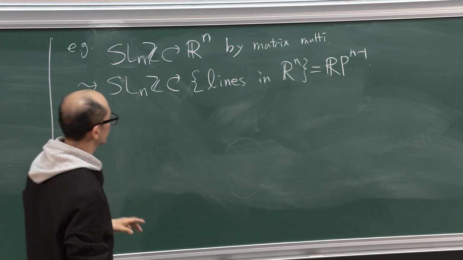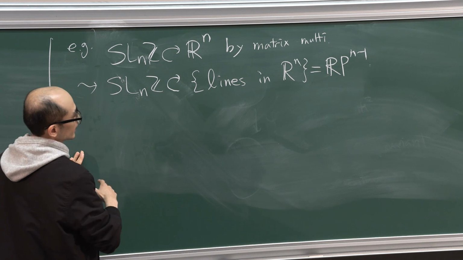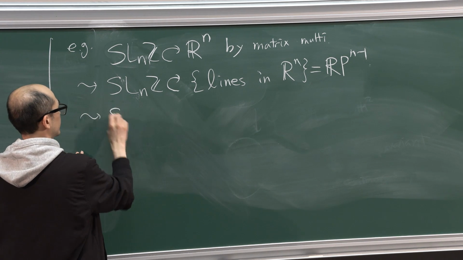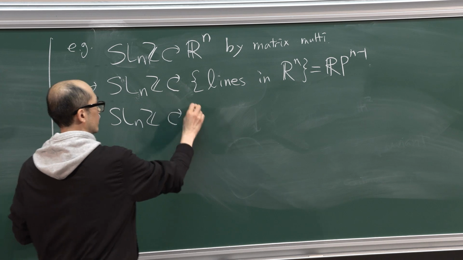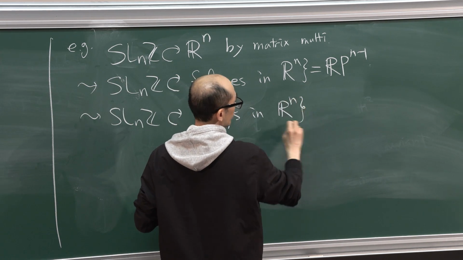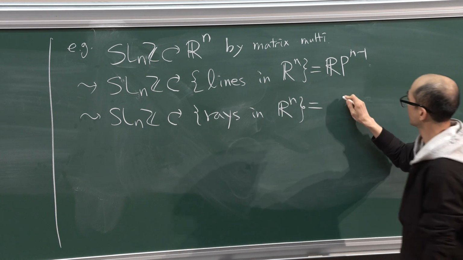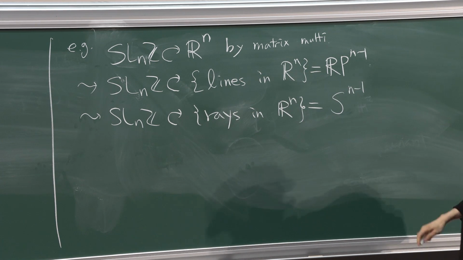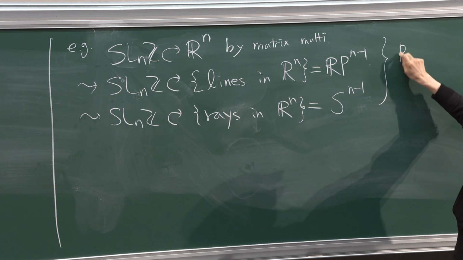And if you don't like projective space, then maybe you can go to rays in R^n starting from the origin. Then this is actually the sphere. These are called projective actions.